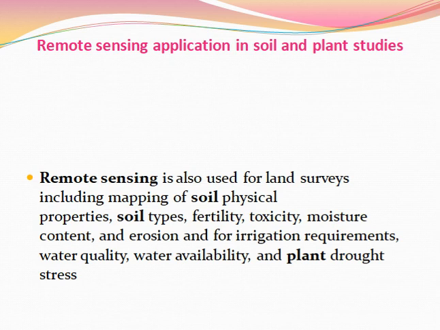Application of remote sensing in the study of soil and plant. So what do I mean by remote sensing? Remote sensing is also used for land surveys, including mapping of soil physical properties, soil types, fertility, toxicity, moisture content, and erosion, and for irrigation requirements, water quality, water availability, and plant drought stress.